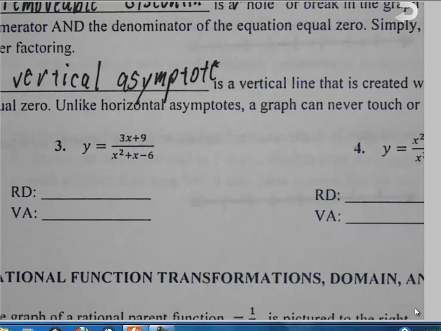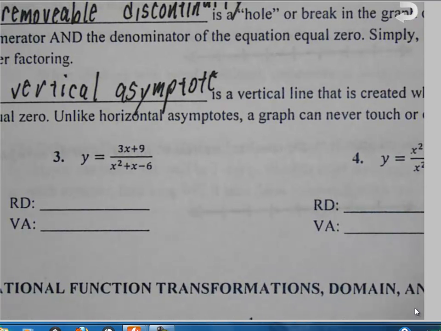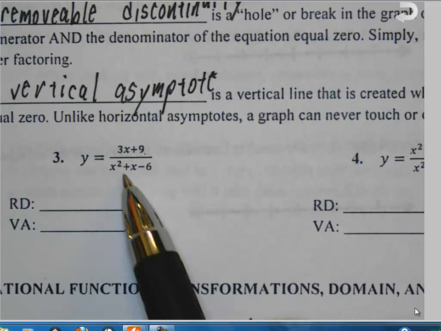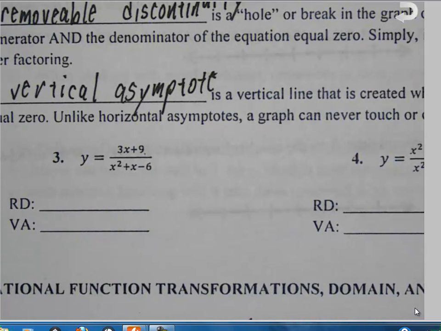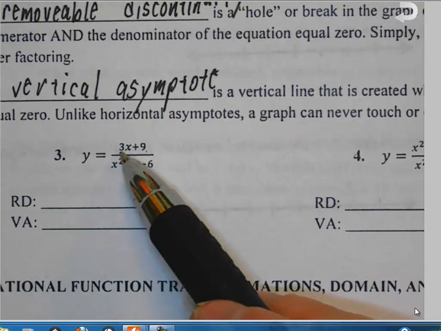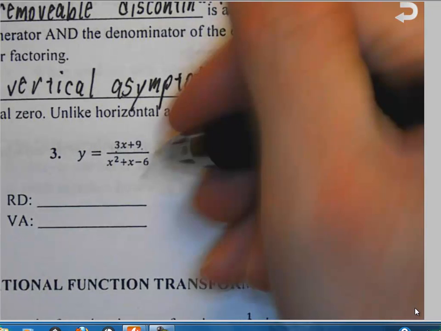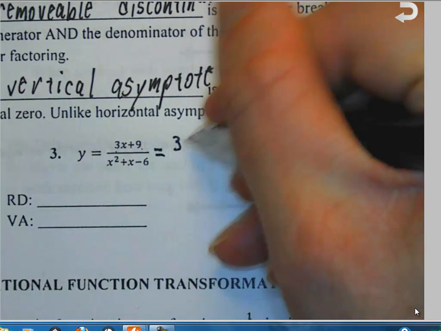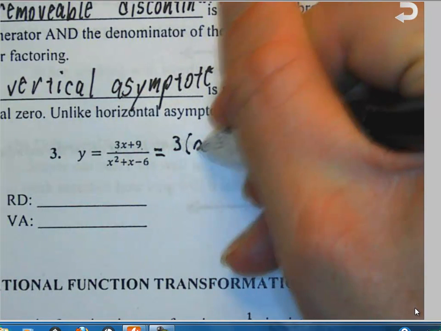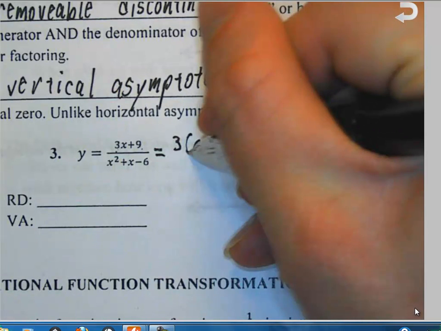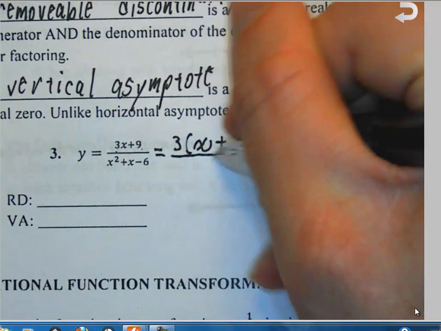Well, the first thing you always do is to factor. So here I have 3x plus 9, and I have x squared plus x minus 6. I first look at my numerator and I recognize that 3x and 9 are both multiples of 3. So this is very simply 3 times x plus 3, and so now I have the numerator in factored form.